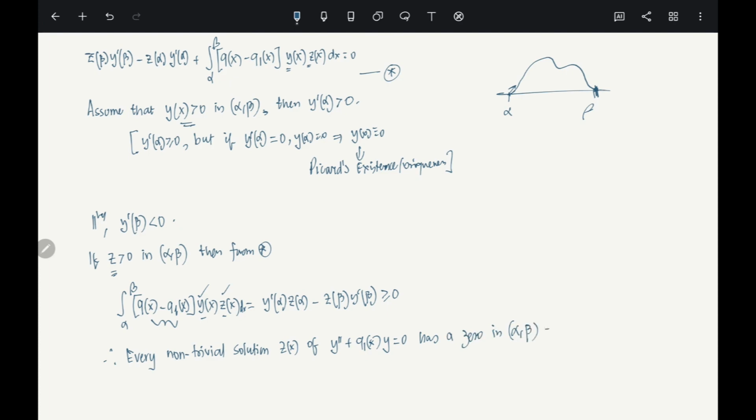Okay. And by the way, this is a very important theorem, Sturm's comparison. So please remember this. Okay. So let's do a quick corollary of this theorem.